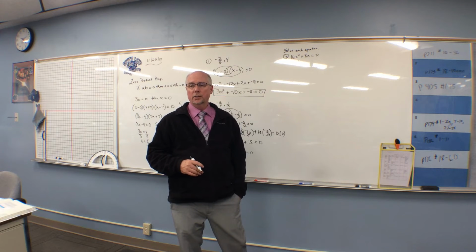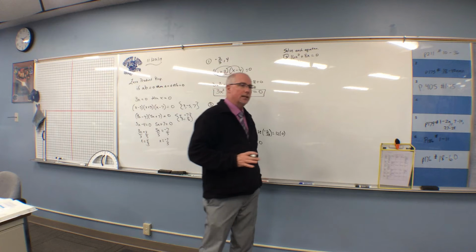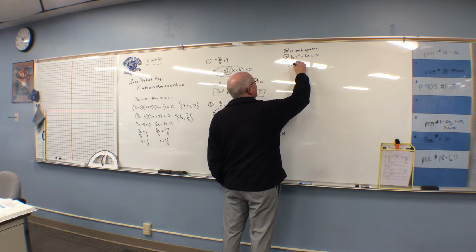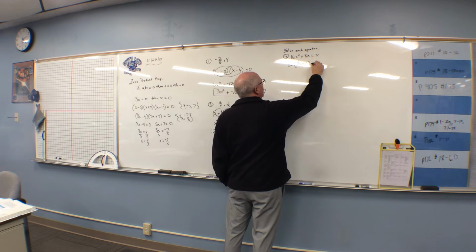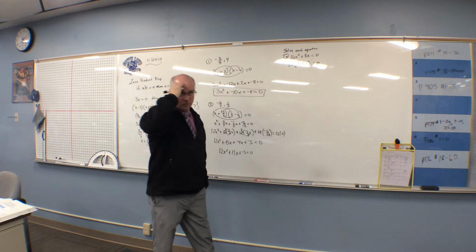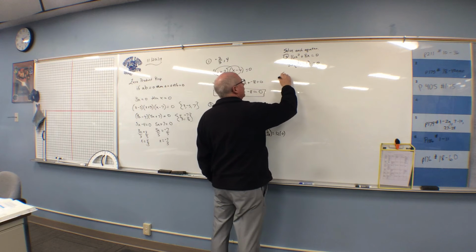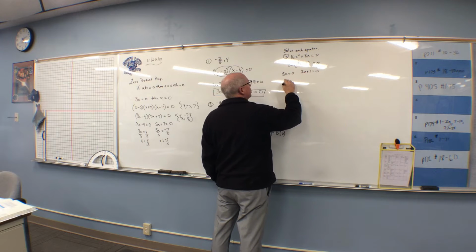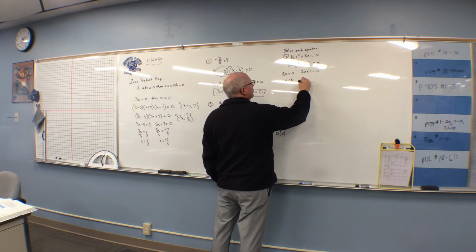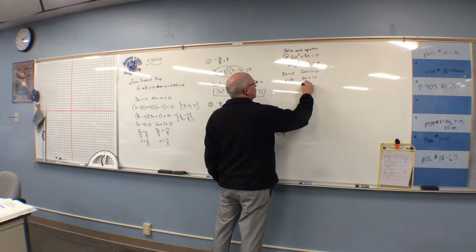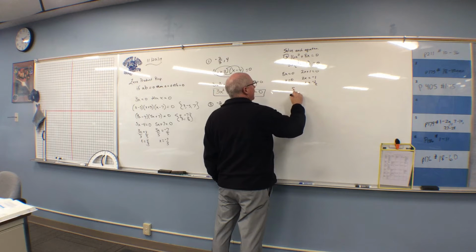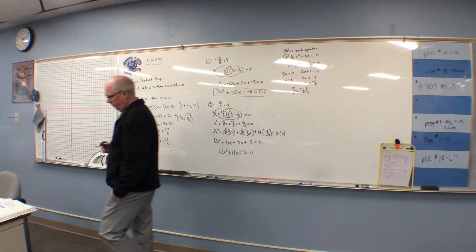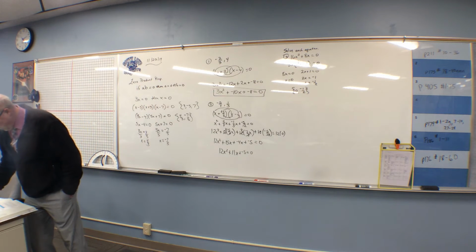If it's not a trinomial, the first thing you should try to do is to factor out a greatest common factor, which would be 8x, which leaves 2x plus 1 equals 0. Then we set each one of them equal to 0. So my two solutions are 0 and negative 1/2. Questions?